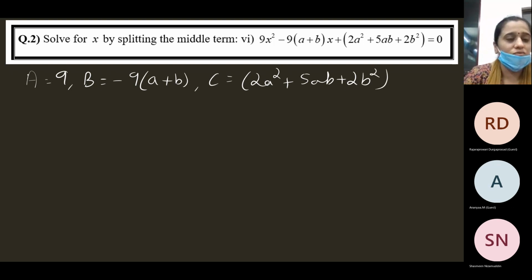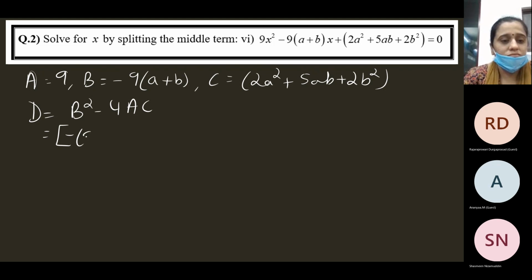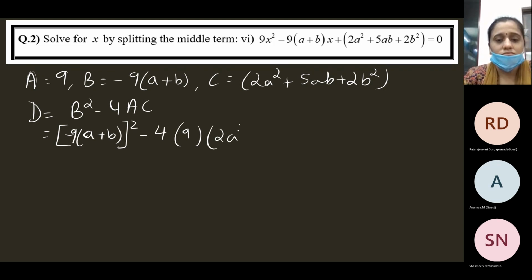I'll just check the value. D. So D is equal to. Ananya, have you divided by a common factor throughout?